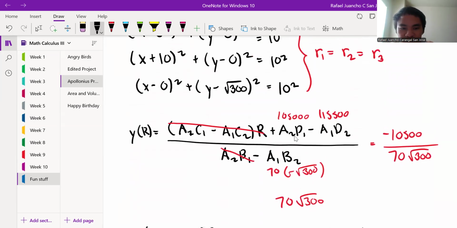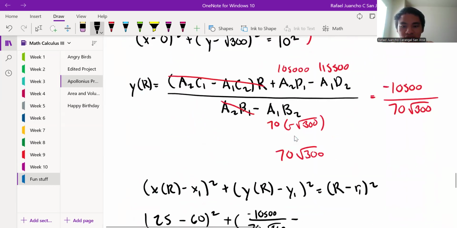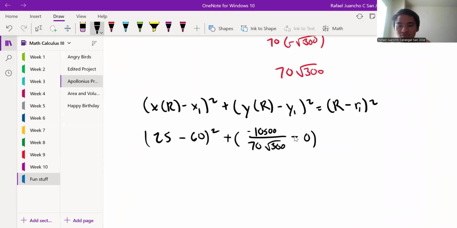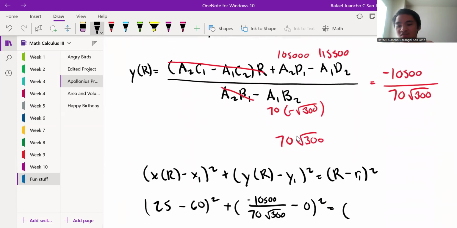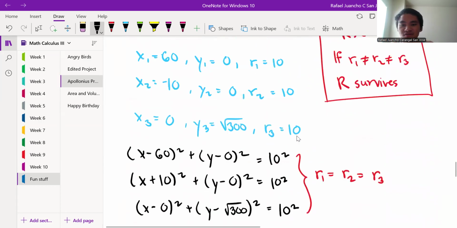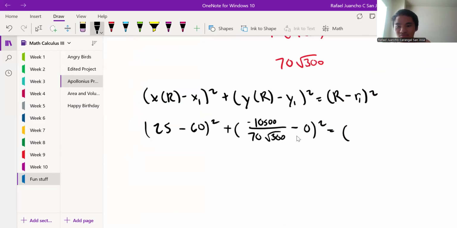What in the world is y sub 1? 0. Okay, cool. My r sub 1 is 10. So yeah, this is prone to computation error. That's what I realized. So here I get 25 minus 60. I square that thing. 35 squared, 1225.